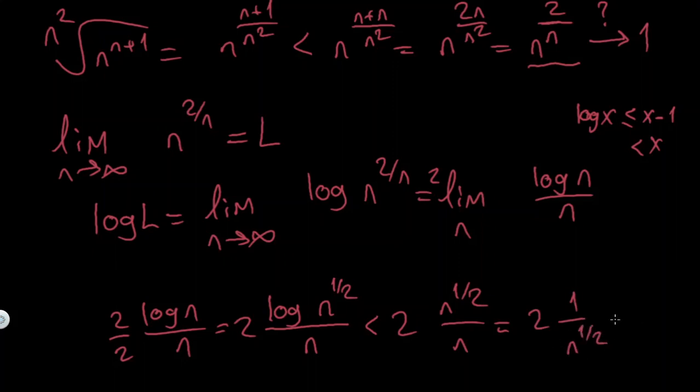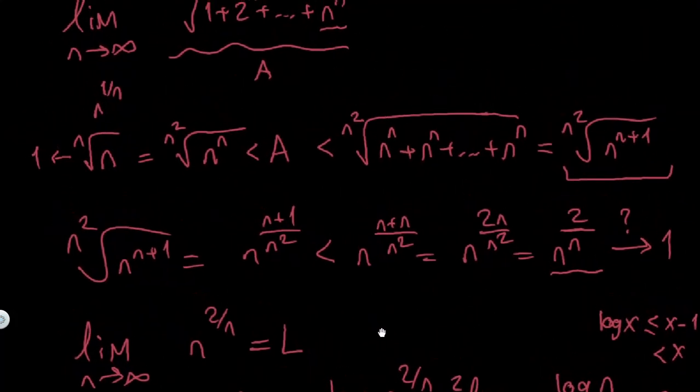And this n to the 1 over 2 goes to infinity, so this thing goes to 0. I know that this limit is equal to 0, and multiplying it by 2 doesn't matter. So log L is equal to 0. If I take e to both sides, L is equal to e to the 0, which is 1.